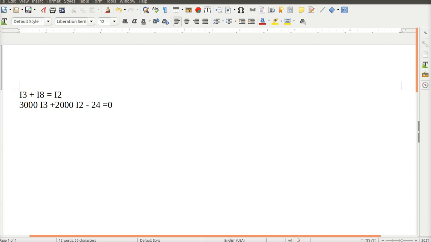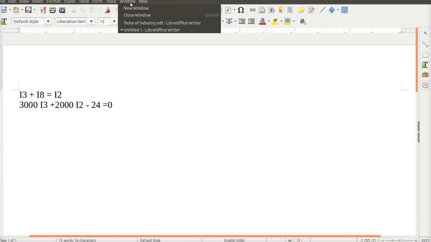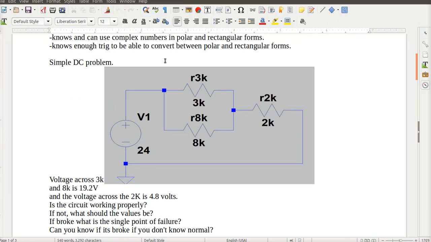I need one more. Well, I'm a little bit lazy, so I like to have two-term equations. So I'm going to loop around this little box here, and I'm going to go clockwise around the little box. And when I go clockwise around the little box, my current through the 3K is going in the same direction from left to right.